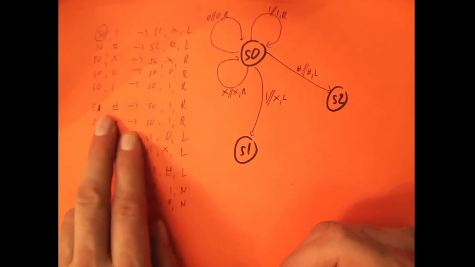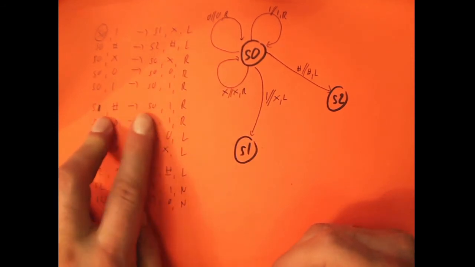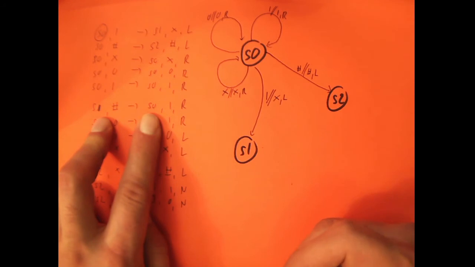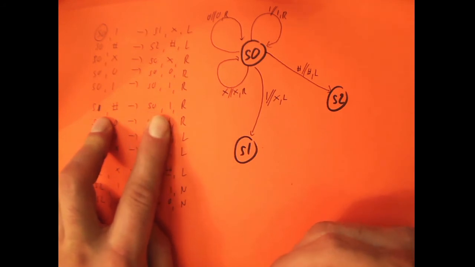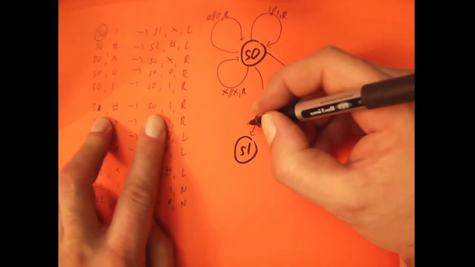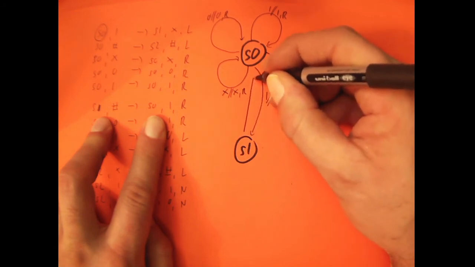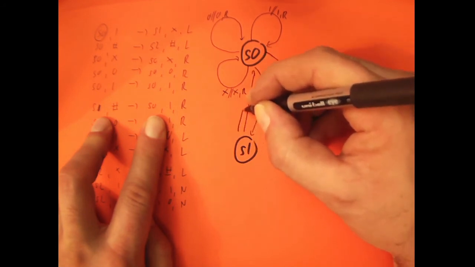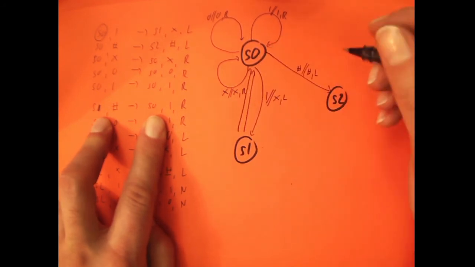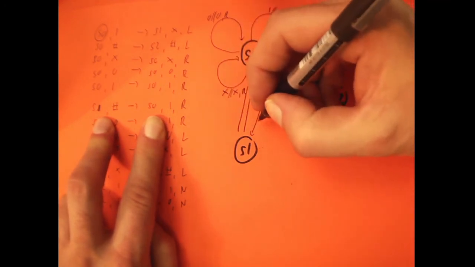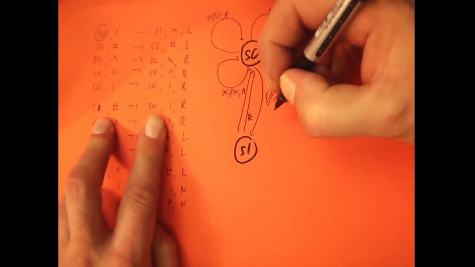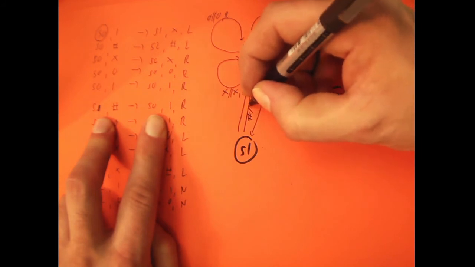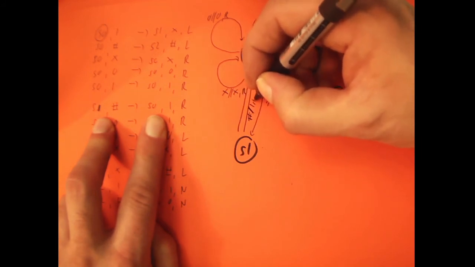Then we are in state S1. In state S1 we can go back to S0 again. So we have two possibilities to go back to S0 again, so this one and this one. The first one is we read a number sign, we write a 1 and go to the right.